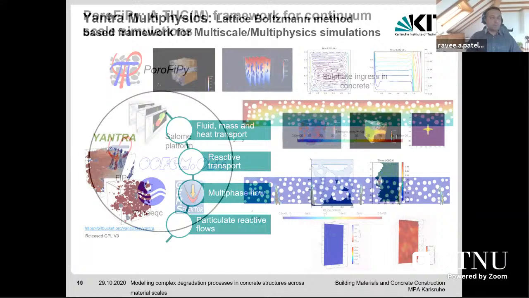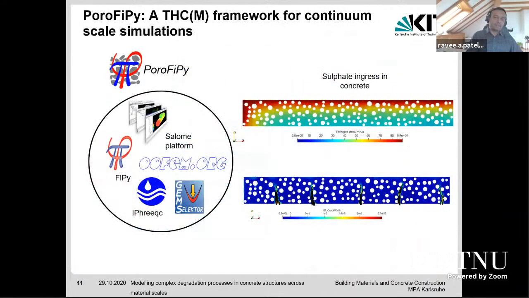To go from the mesoscale, that is the scale of concrete explicit representation, to concrete structures, I developed another set of tools, because at this scale it becomes very interesting to use unstructured mesh rather than structured mesh.